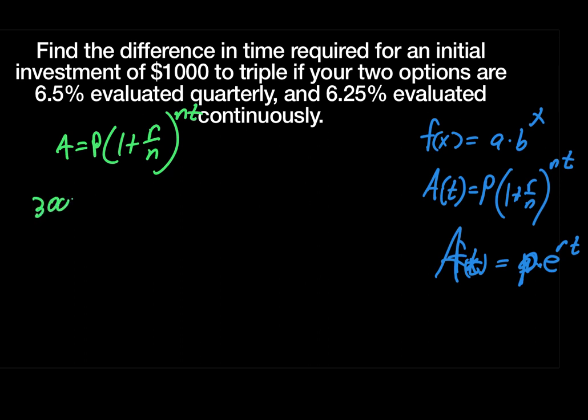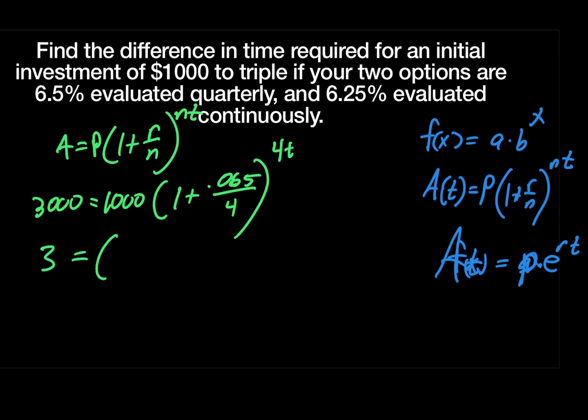If it triples, that'll be 3,000, because we can do that in our heads. 1,000 times 1 plus 0.065 over 4, because it's going to be compounded quarterly, to the 4t. Three equals 0.065 divided by 4, so 1 plus that would be 1.01625 to the 4t power.